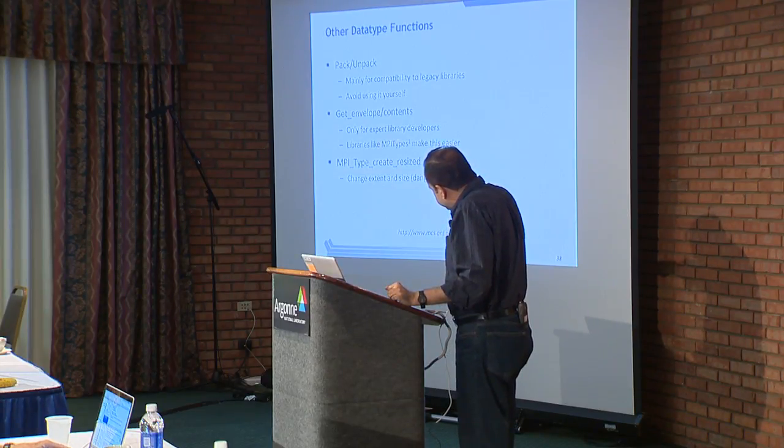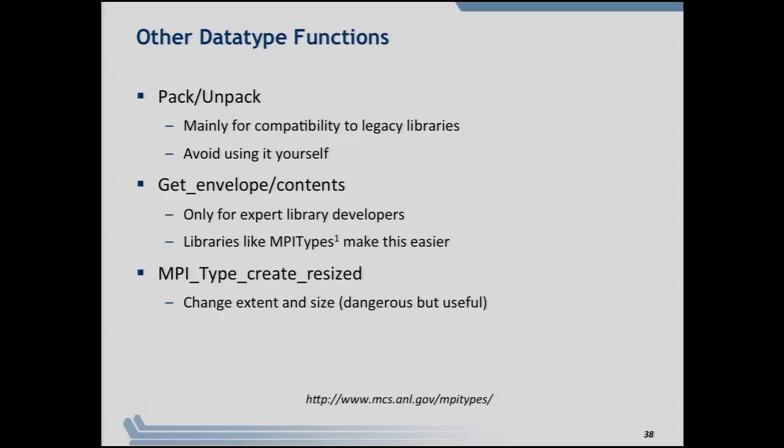And there are more advanced uses where you can change the size of a data type, and you can change what is known as the extent of a data type. The extent is basically, there is a way to create data types that have a hole, a gap at the end. So the extent includes that gap, the size does not include that gap.